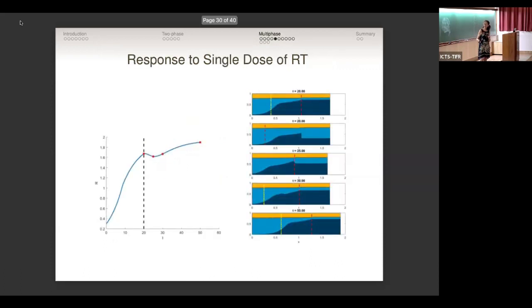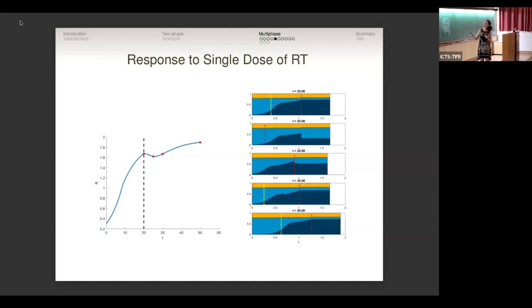So now what happens if I start irradiating these tumours? What we do here is apply a single dose of radiation at this time point, and then we look inside the tumour at these different time points. This is a cross-section through the tumour, showing how the 3 different phases are distributed along the tumour radius and how that distribution changes over time.